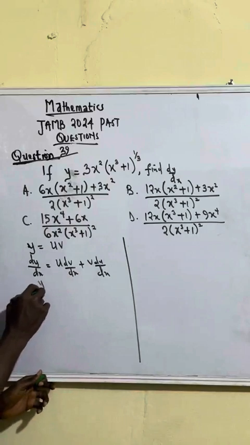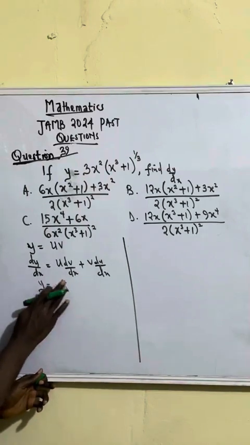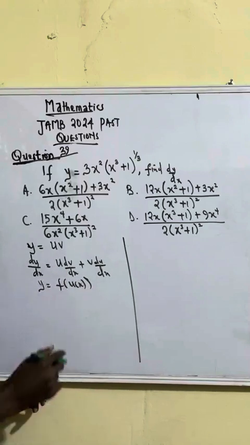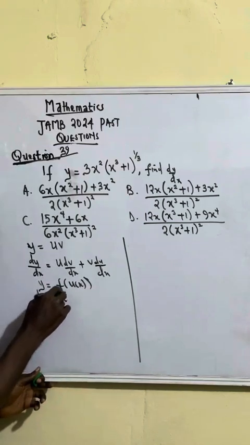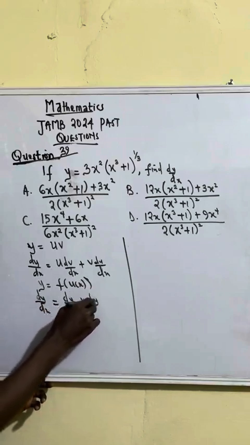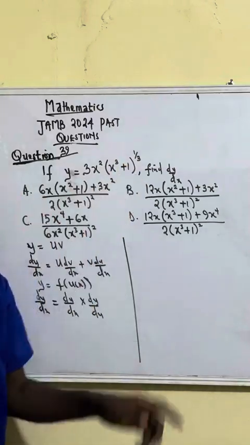That is, if y is equal to f of u of x, then dy/dx will be equal to du/dx times dy/du. If you remember these two, then you'll be able to solve this question.